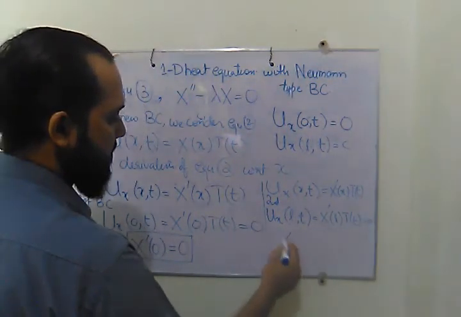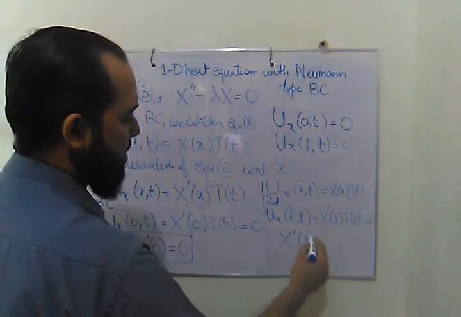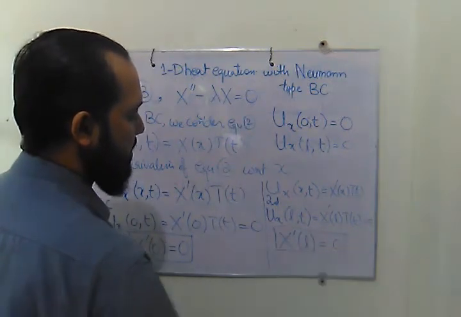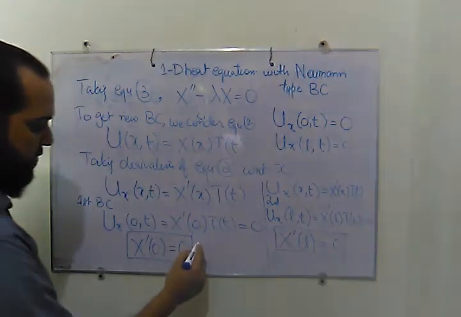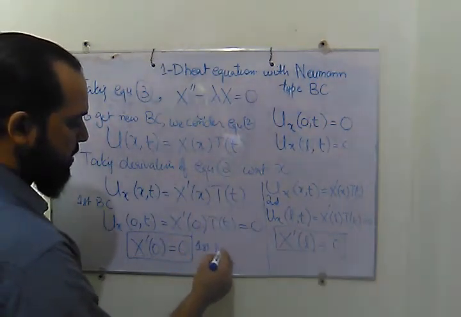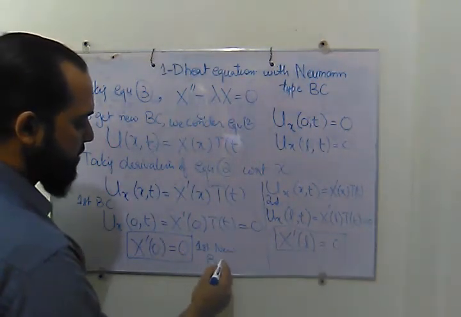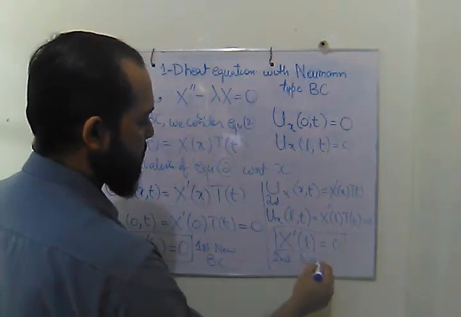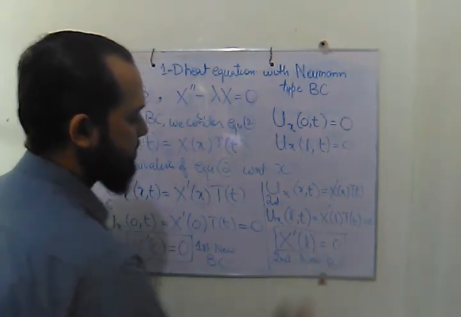By the same argument, we say that X'(L) is equal to 0. So this is our first new boundary condition, and this is our second new boundary condition.